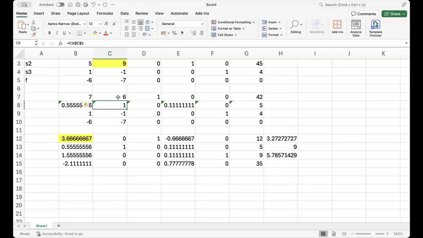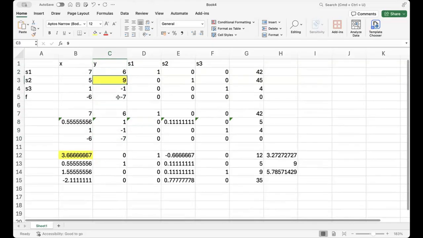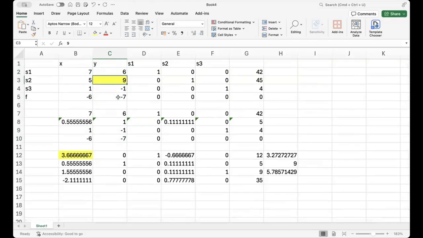So that's the reason why, when we determine the pivot element, only the pivot element has coefficient 1, and the rest in that column, the coefficient must be 0.